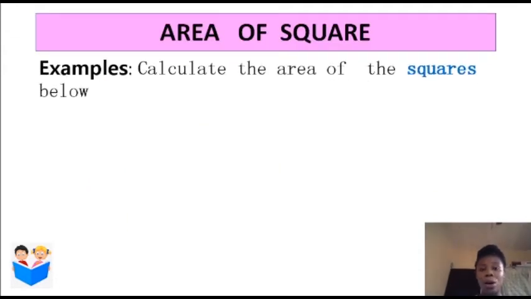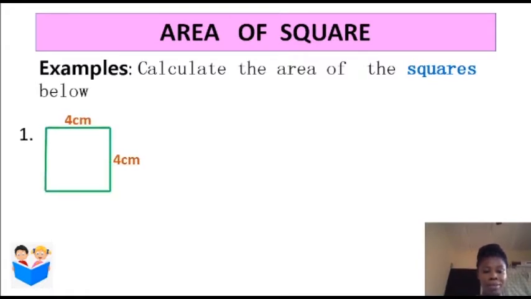Area of square. Examples. Calculate the area of the squares below. Number 1. Can we see this? This part is the length. You can see this is a square with the length as 4 centimeters.